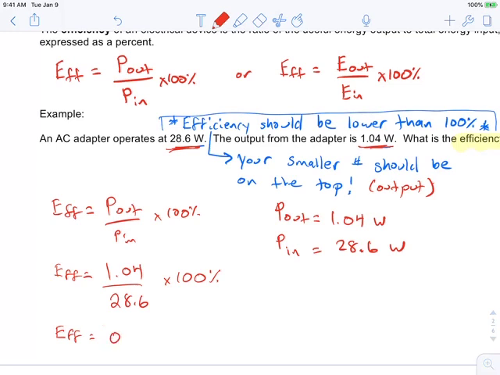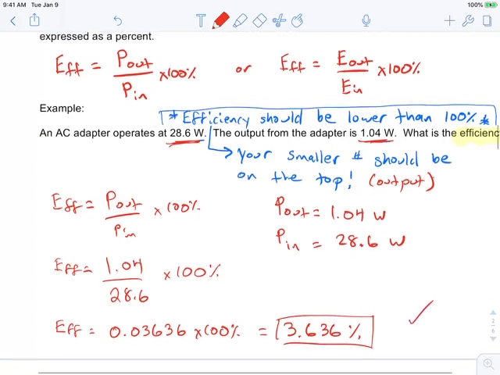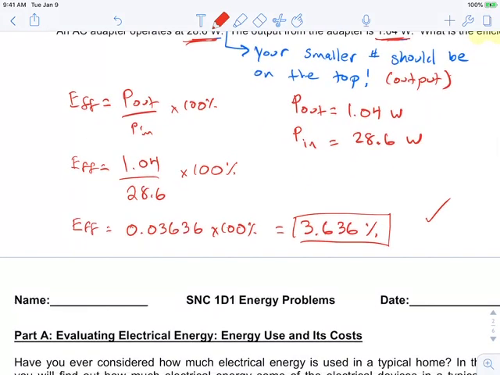When I did it, I got 0.03636 times 100%. If I multiply that by 100%, I would get 3.636%. Now you need to do a check. Does this make sense? Is it lower than 100%? Definitely is, so we're good. 3.636%. It's not very efficient, but it is the correct answer.